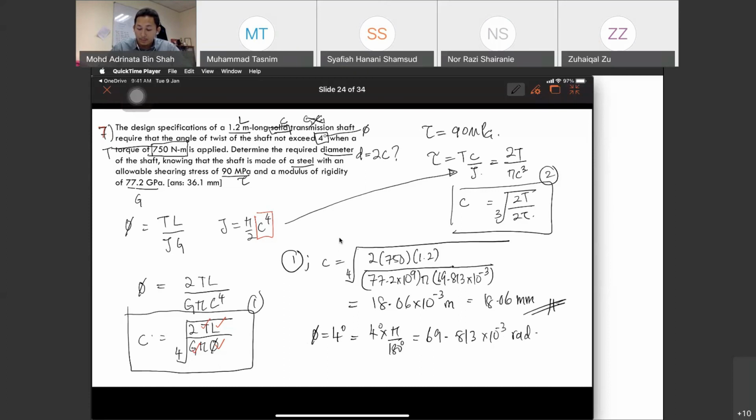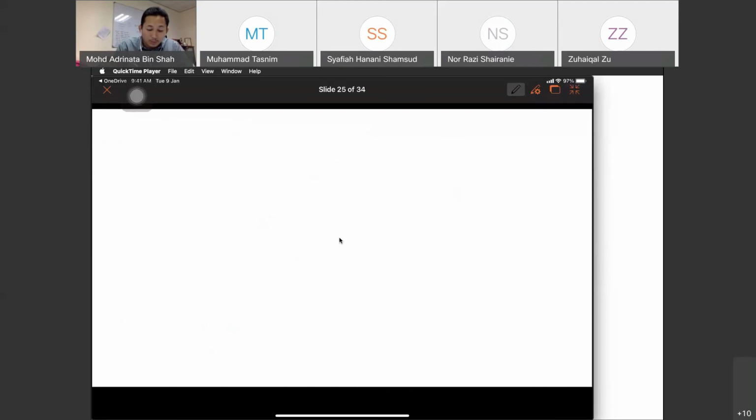And then for equation number 2, you have C equals the cube root of 2T over pi tau max.